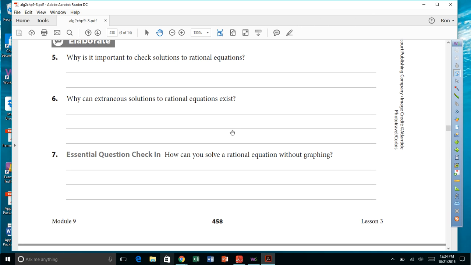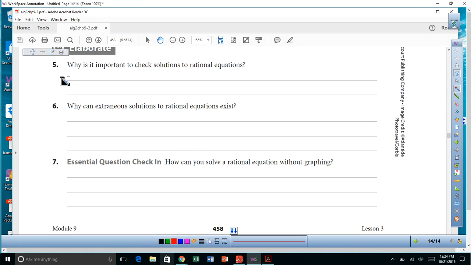Why is it important to check solutions to rational equations? Well, you want to make sure there are no extraneous solutions.